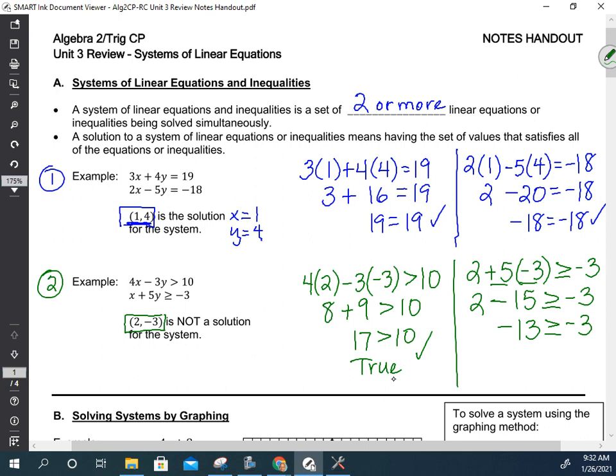So we have to check to see if that is true. Negative 13 greater than negative 3? No. Negative 3 is the bigger number. Is negative 13 equal to negative 3? No. Those numbers aren't equal. So this is false. So that's why that answer doesn't work.